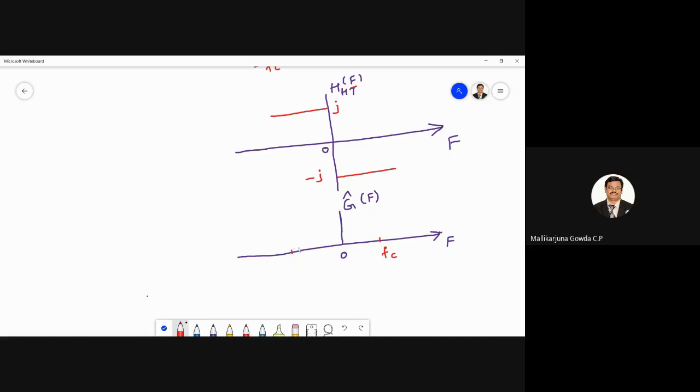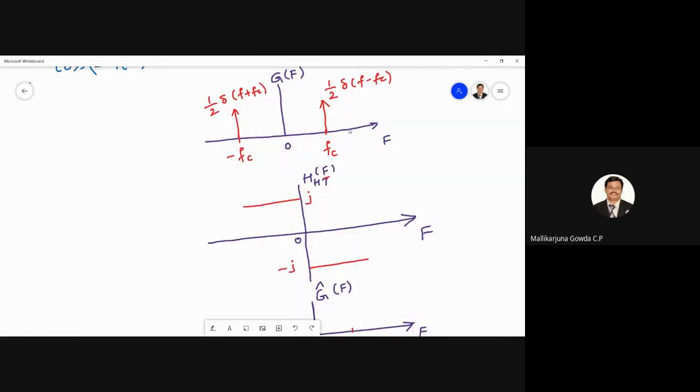Just multiply. So I have two impulse functions for cosine, one at fc and another at minus fc, with a magnitude of 1 by 2 del of f minus fc, and 1 by 2 del of f plus fc.